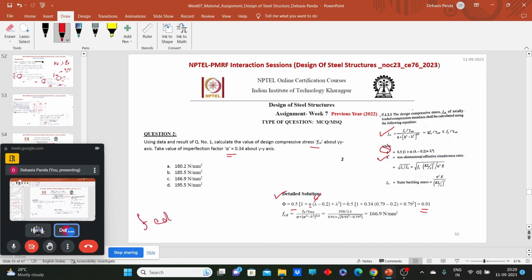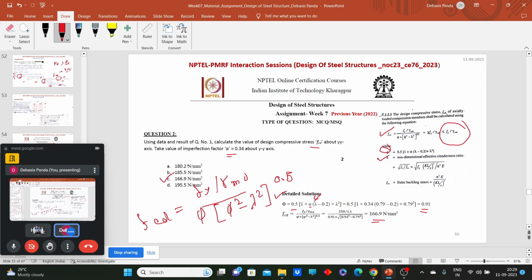Fcd will be equal to Fy by gamma m0 divided by (phi plus under root of phi square minus lambda square). From this equation you can see that your Fcd value is bounded by Fy by gamma m0. So your Fcd value comes as 166.9 kN. So option C is the right answer.